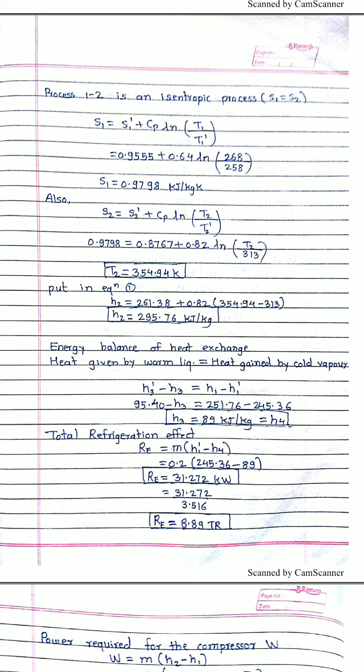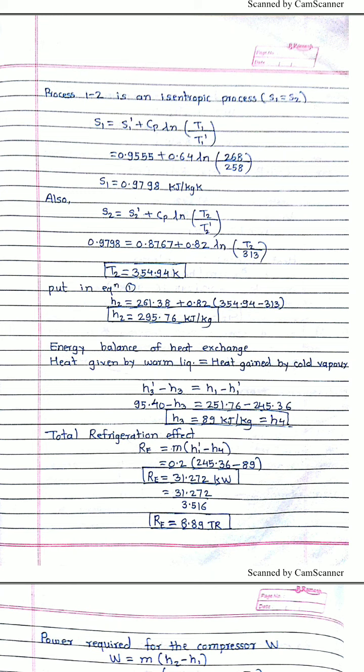Please remember that we are equating the subcooled part and the superheat part. All these enthalpies are known, only H3 is not known. So H3 dash is 95.40, minus H3, is equal to 251.76 minus 245.36. Therefore H3 is equal to 89 kilojoule per kg.